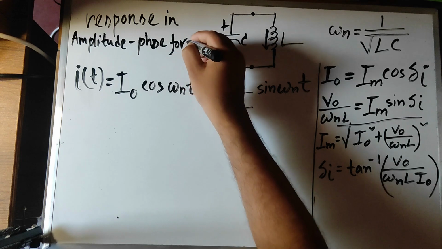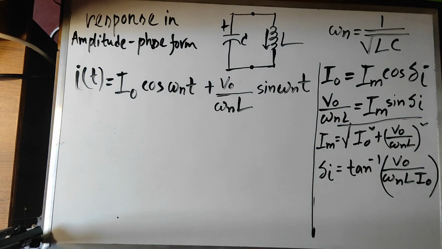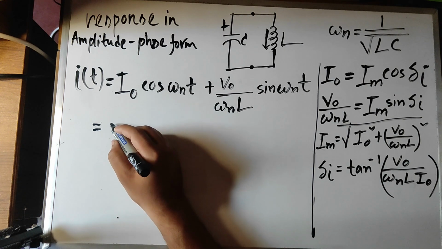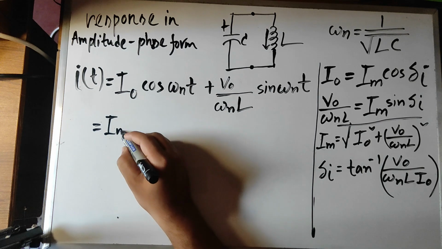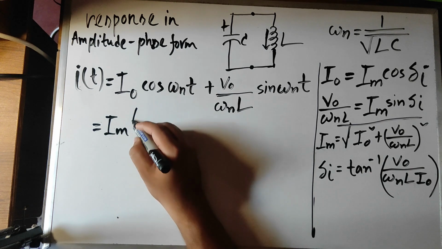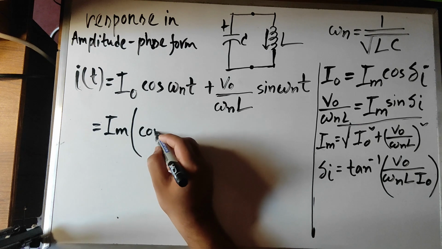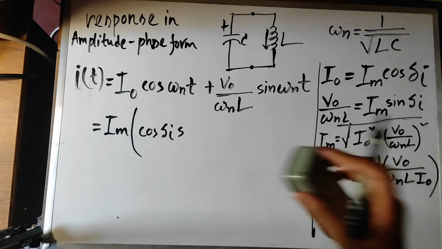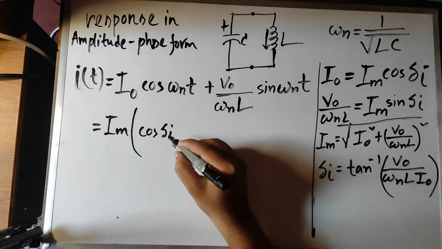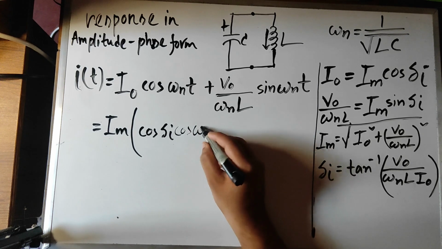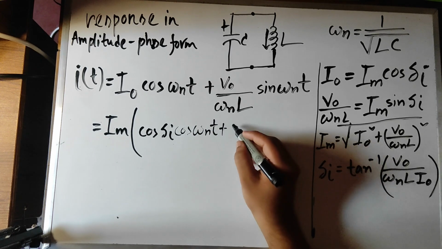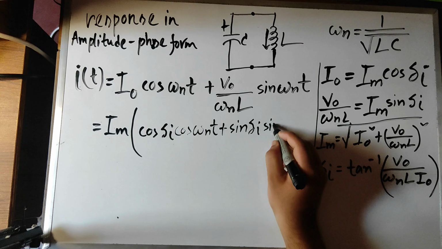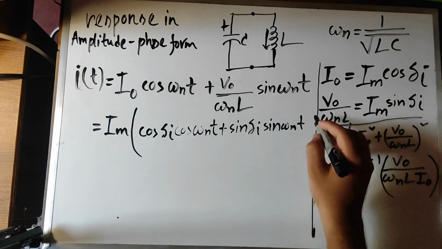Here it will look like Im, cos delta I cos omega n t plus sin delta I sin omega n t.